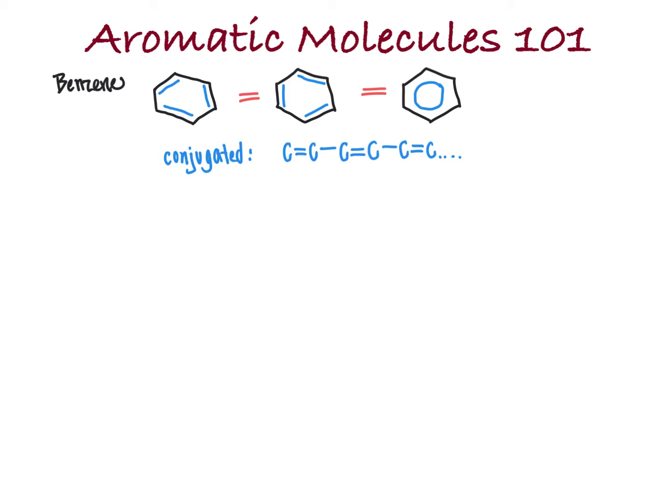We could also draw this out as a condensed structural formula instead of a line angle formula by drawing 6 carbon atoms in a ring, such as I'm doing here, making my hexagon, spacing out the bonds as far apart from one another as possible in that hexagon, and then in that condensed structural formula, drawing out my carbon-carbon double bond, single bond, single bond pattern, like so.